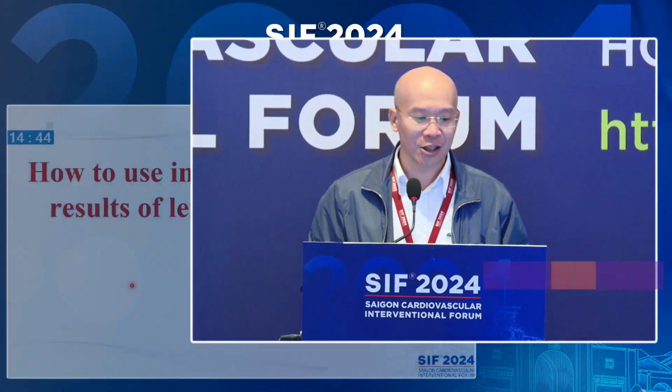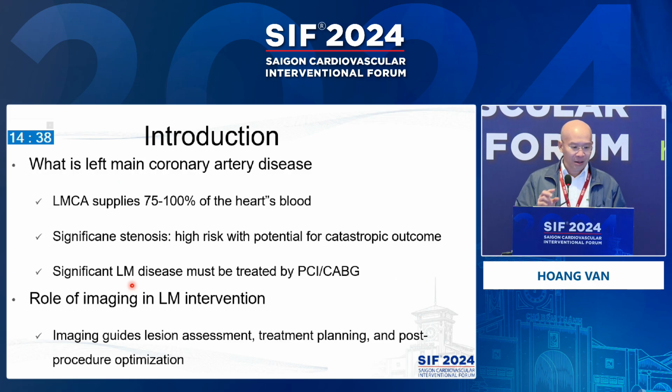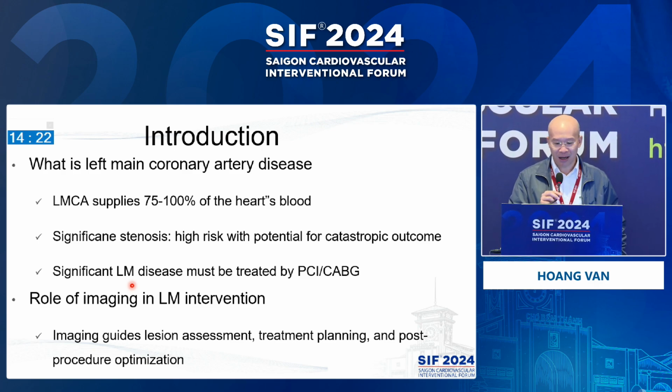My topic today is how to use imaging to optimize the results of left main interventions. As you know, the left main coronary artery supplies about 75 to 100% of the heart's blood, so significant stenosis carries a high risk of catastrophic outcome.